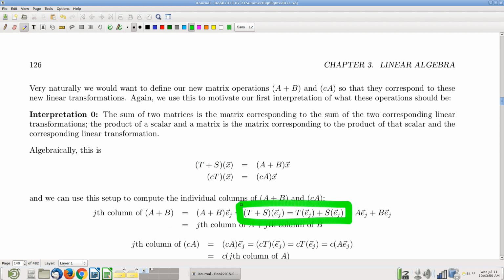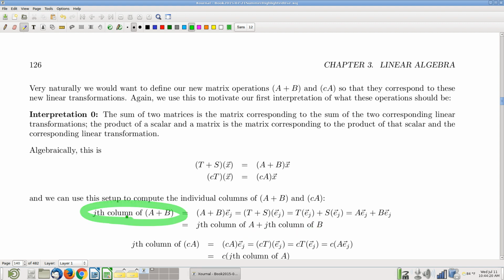Here's how you add two functions. You add two functions by adding the output values individually. T is represented by A, S is represented by B, and here we go. We have our formula. It's A e_j plus B e_j. Well, those are the images of the standard basis vectors, so those are the columns of A and B. So the punchline is the column of the sum of two matrices is the sum of the columns of the original two matrices.